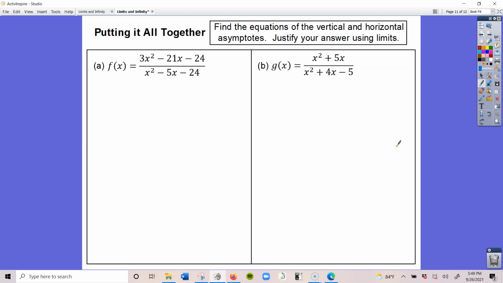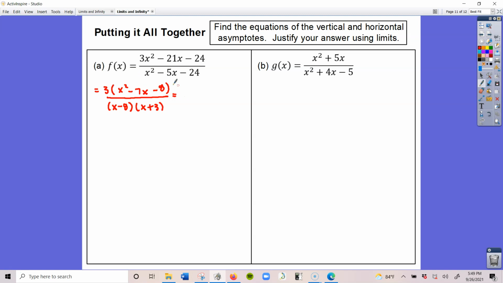So for f of x, I notice that in the numerator, I can take out a 3 from every term. So I'm going to factor out a 3, and that would give me x squared minus 7x minus 8 over x squared minus 5x minus 24, which can be factored as (x minus 8)(x plus 3).